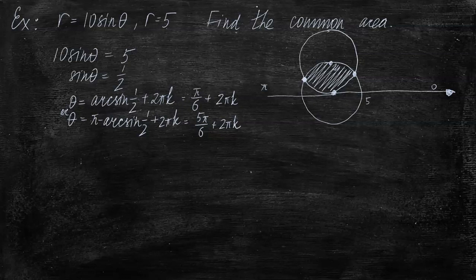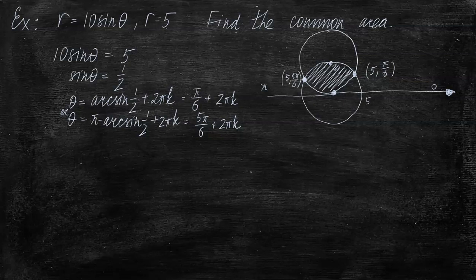So on the interval from pi over 6 to 5 pi over 6, right here, this point has the coordinates (5, pi over 6), and this one is (5, 5 pi over 6).